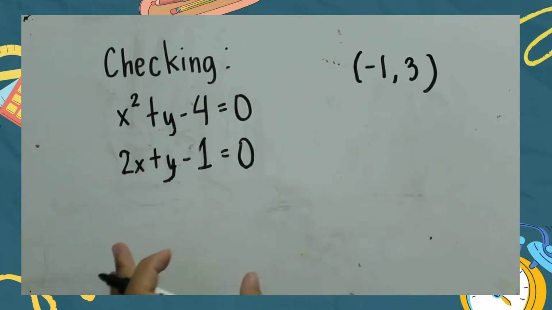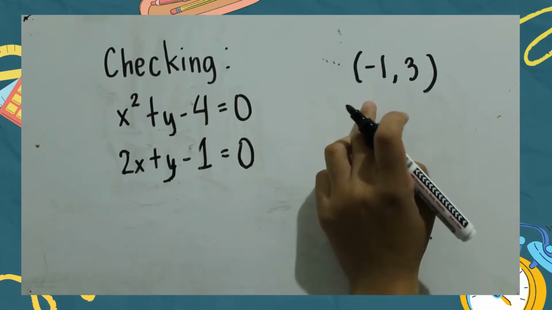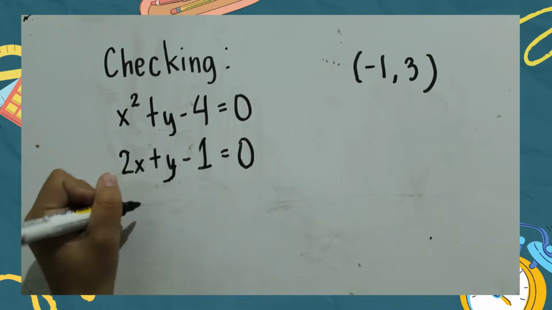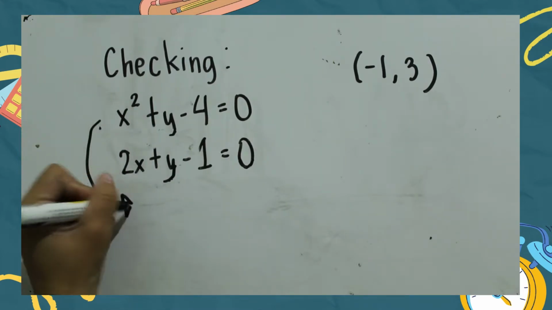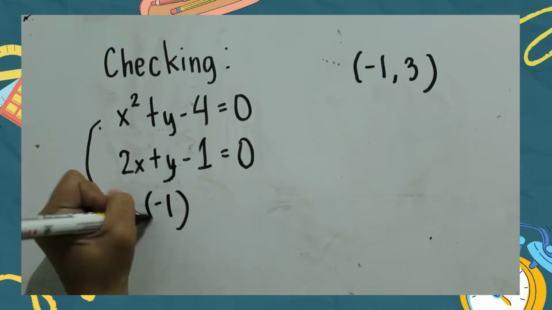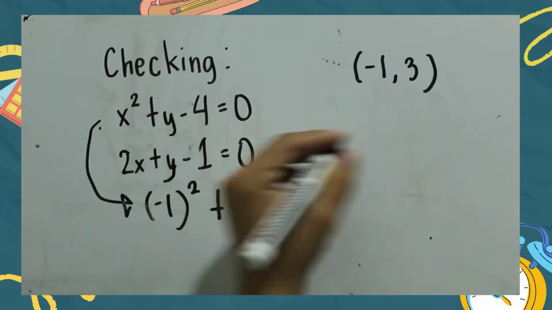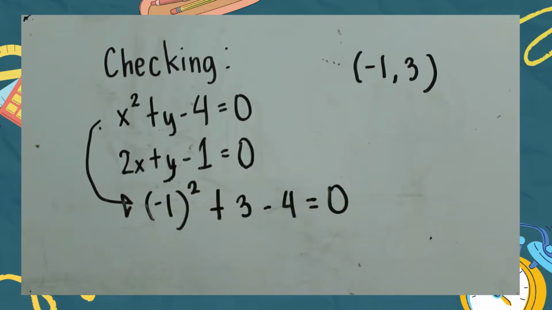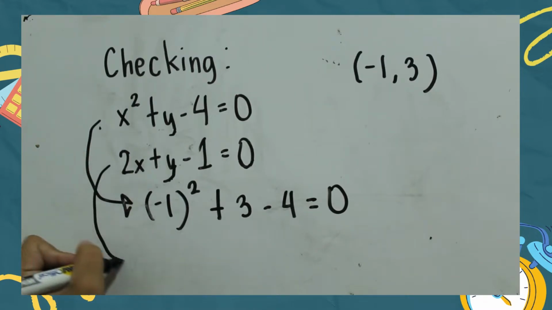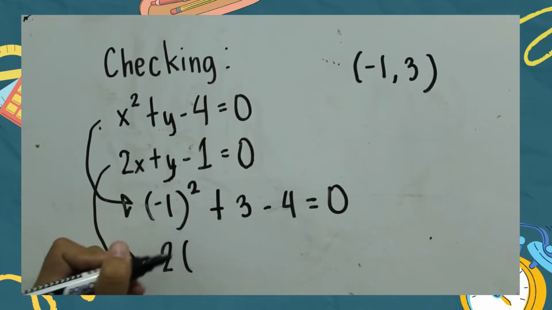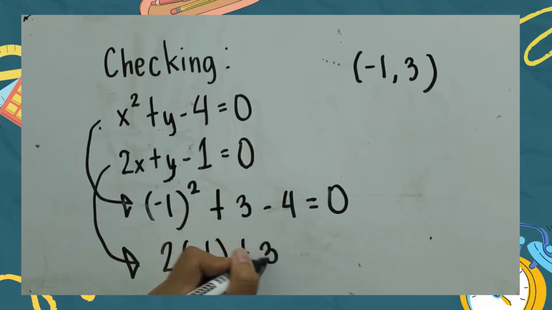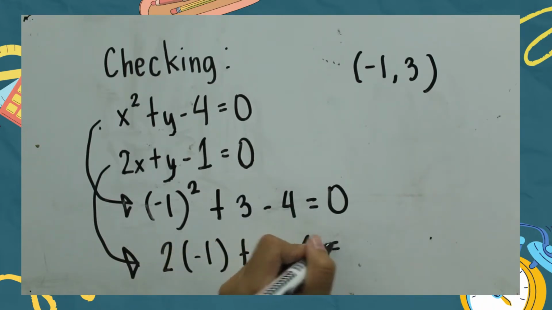We will substitute the values of negative 1 and 3 into x and y. So that will be negative 1 squared plus the value of y, 3, minus 4 is equal to 0. And the second equation, which is 2 times the value of x, negative 1, plus the value of y, 3, minus 1 is equal to 0.